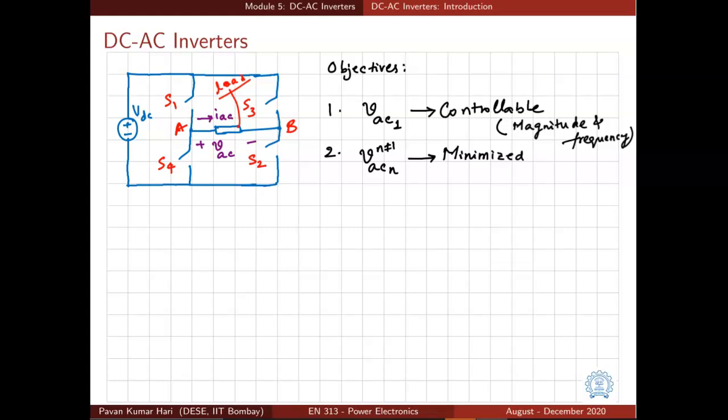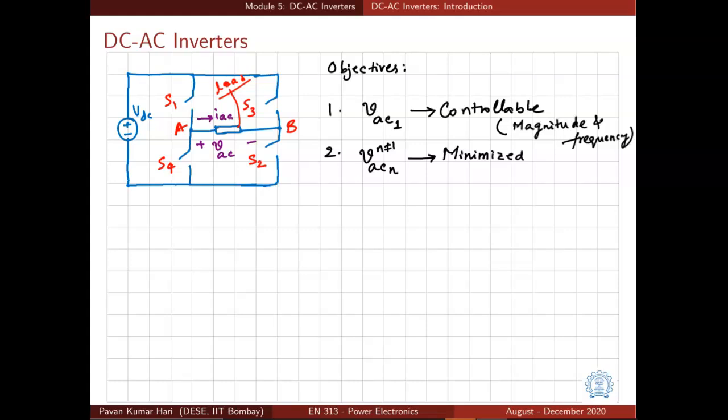It could be at 20 Hz, it could be at 15 Hz, depending on the speed at which a motor is rotating, for example. So it's not always necessary that the voltage across A and B, which is VAC, has only a 50 Hz fundamental component. It could have a 15 Hz fundamental component, or a 20 Hz fundamental component also.